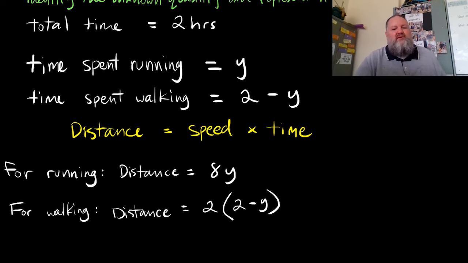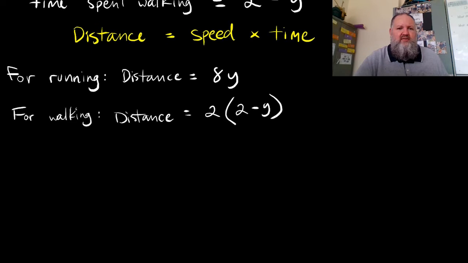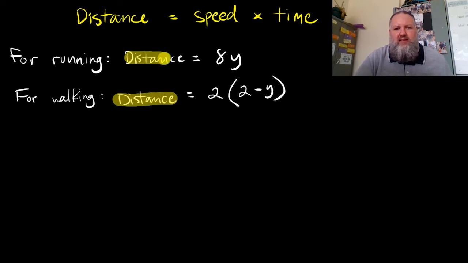Now you'll notice that I don't have units on these numbers. They're not really important for what I'm doing right now. The unit at the end, however, will be important. Okay, so we've got everything that we really need. We've got her distance for both, and it's really a question about time, but we'll get to the answer. I want you to see that in both of the equations I have distance being equal to something.